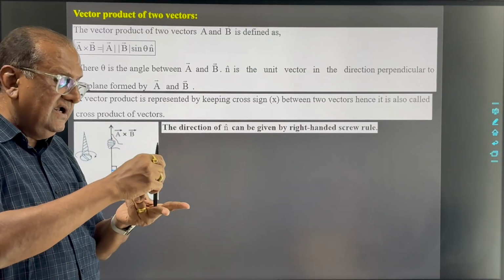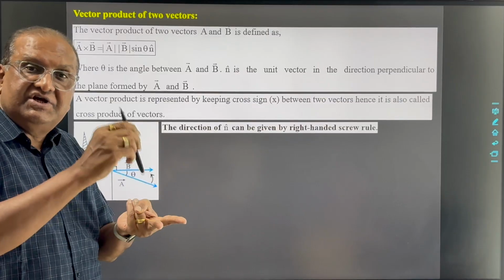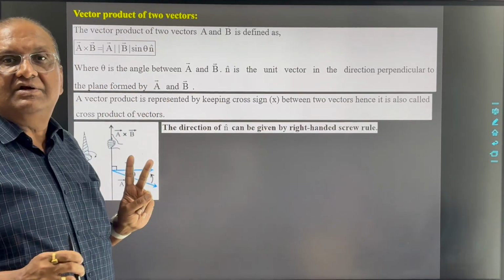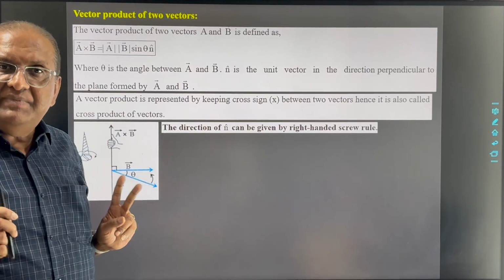When the right-handed screw is rotated from A to B, the direction in which it advances is the direction of the resultant vector A cross B.